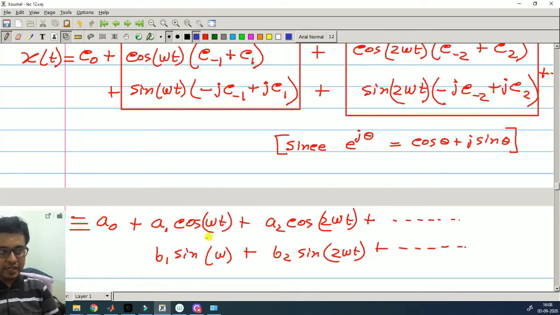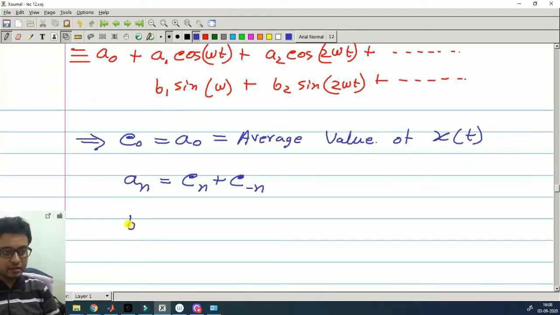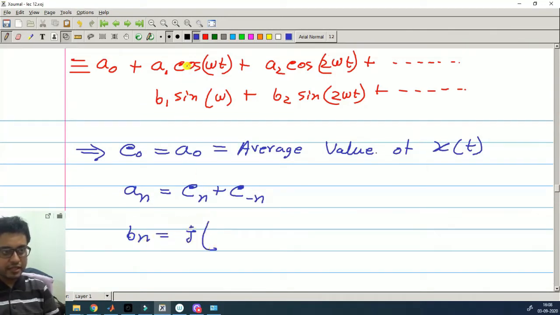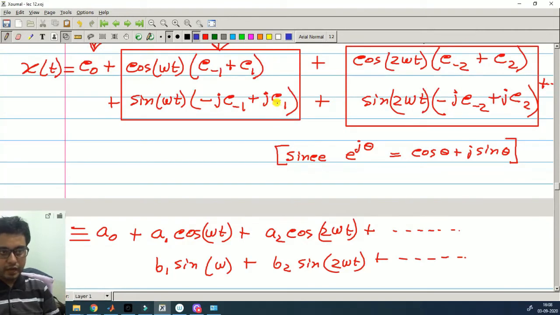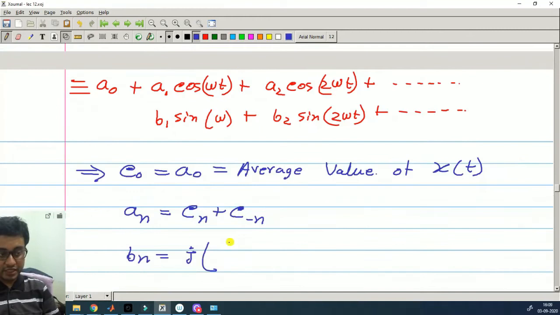In general, bn will be j, then we have c1 minus c minus 1, that is, cn minus c minus n.